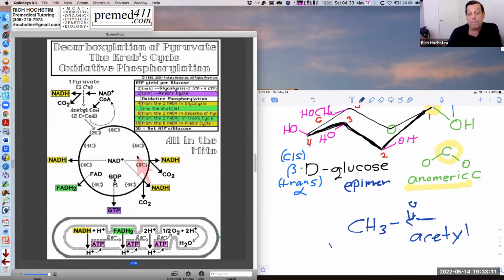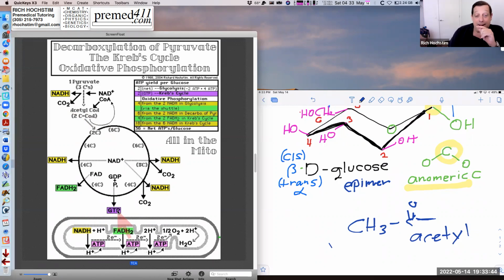Bottom line, though, as far as adding this up, we're going to go ahead and produce 3 NADHs per pyruvate. We're going to produce 1 FADH2 per pyruvate, and we're going to produce 1 GTP per pyruvate, which becomes an ATP.